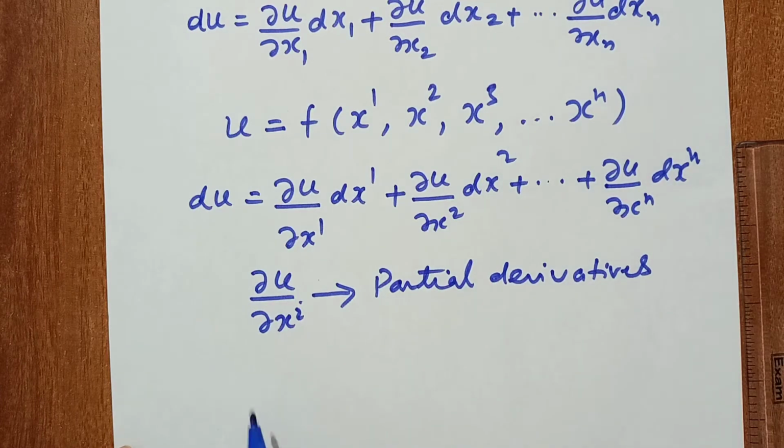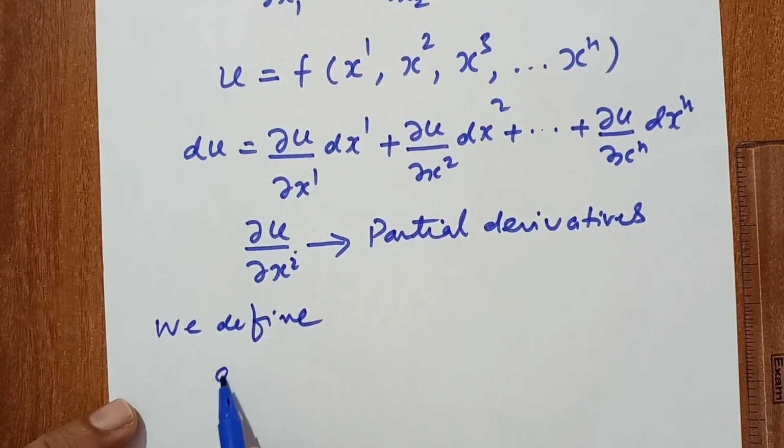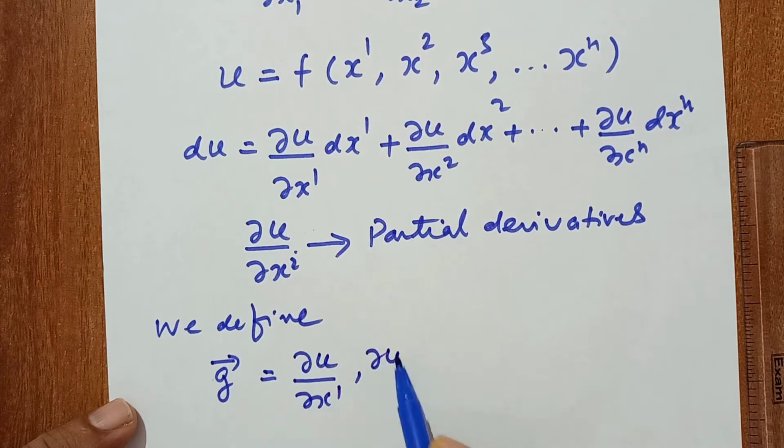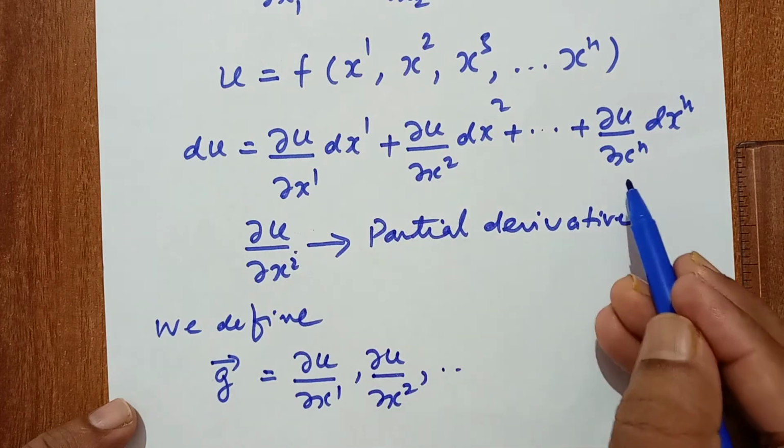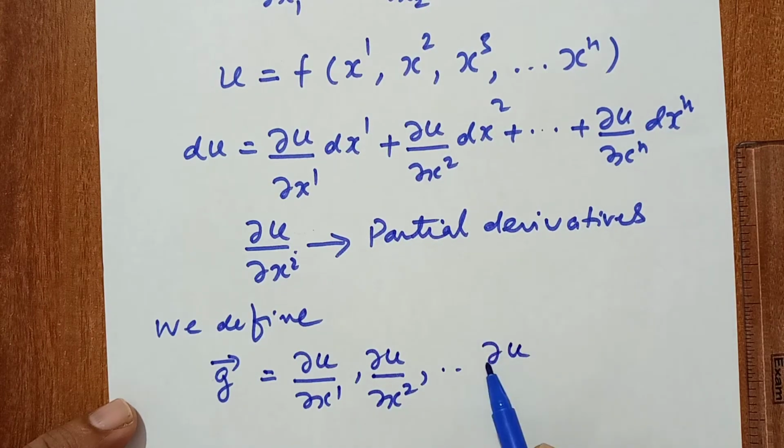So now we define the vectors. The first vector is g, equal to del u upon del x1, del u upon del x2 up to del u upon del xn. This is in matrix form, so this is a vector.